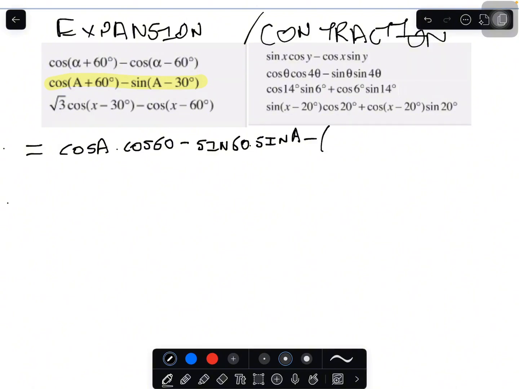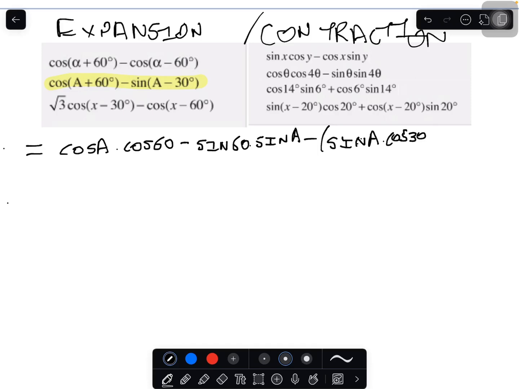And here I'm going to have sine A times cos 30. Now we're going to remember our rule when we deal with the sine trigonometric function, we keep whatever sign is in it.